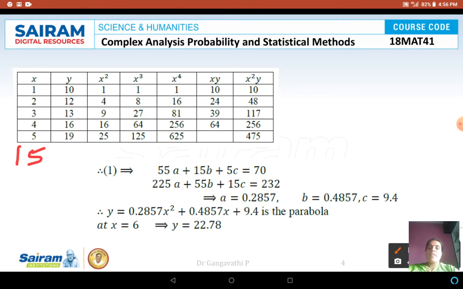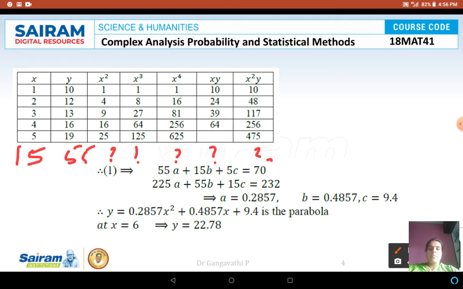So sum of all the values of y will be 10 plus 12, 22, plus 13 is 35, plus 15, plus 19. So it is around 69. Similarly you can find out the values of summation x square, summation x cube, summation x to the power of 4, summation xy, and summation x square y. Those values must be substituted in the equation.